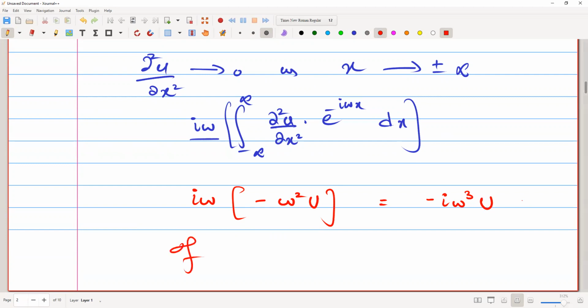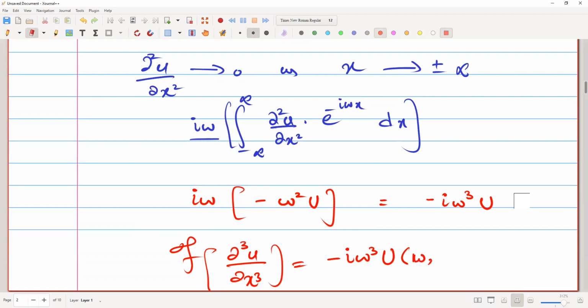So the Fourier transformation of ∂³u/∂x³ is simply −iω³ times u, where this u is now a function of omega. If it was initially a function of x, then it's now a function of omega, right?